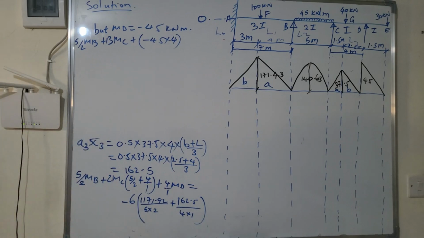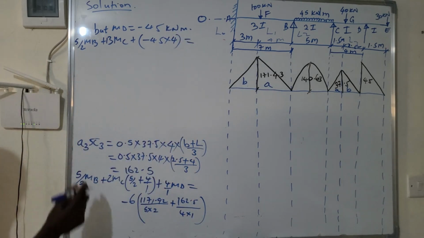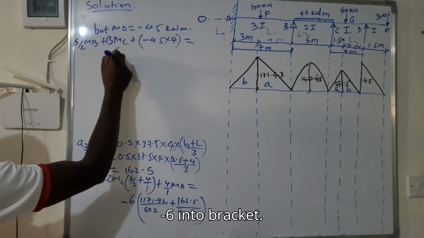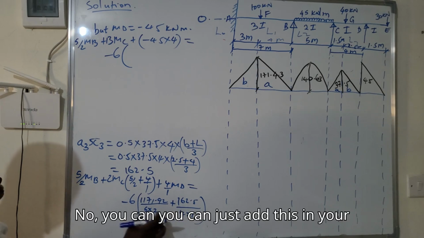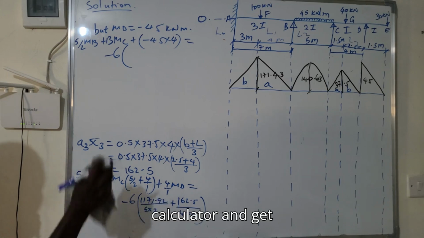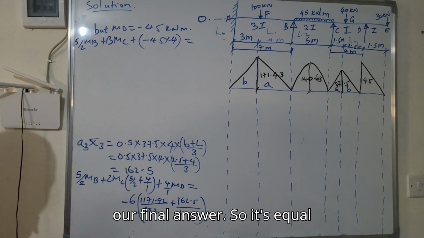like that, is equal to minus 6 into bracket. You can just punch this in your calculator and get our final answer.